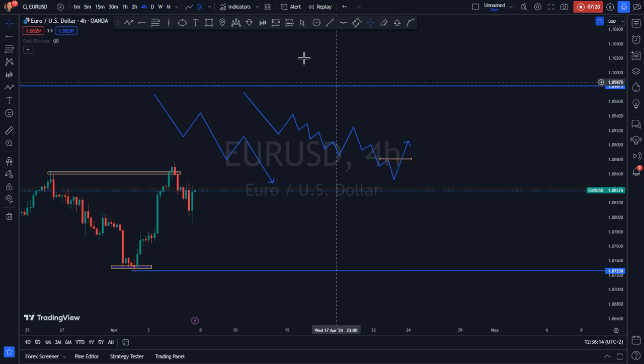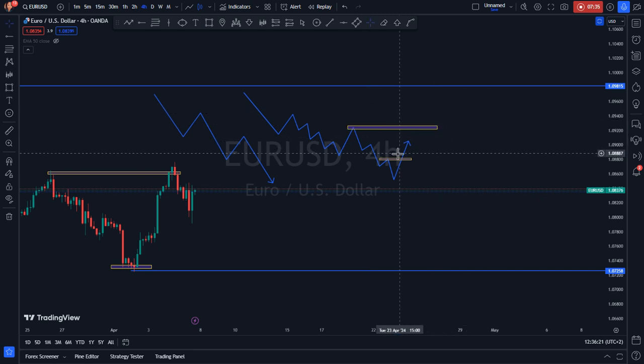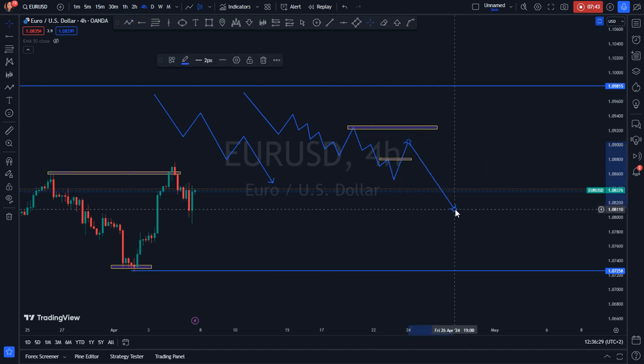But now you must remember one thing. We've got two scenarios in this case right now. When the market breaks above this high right here, it's going to be in a form of a correction before it goes down. We're still going down even though it broke this point, because this point right here is just a lower high of this downtrend. So we're still going to be going down.